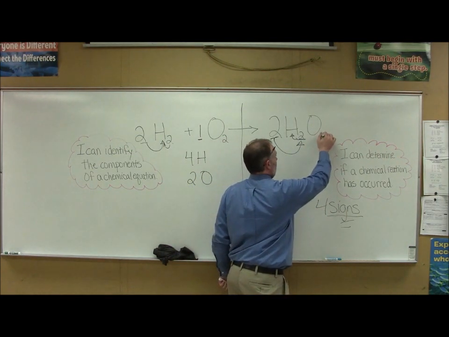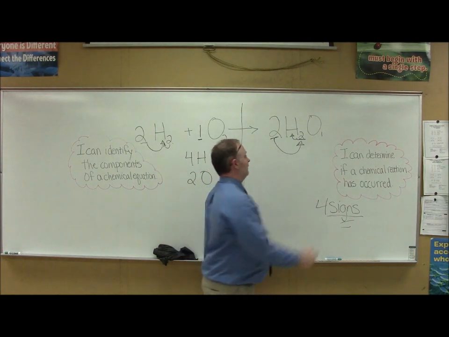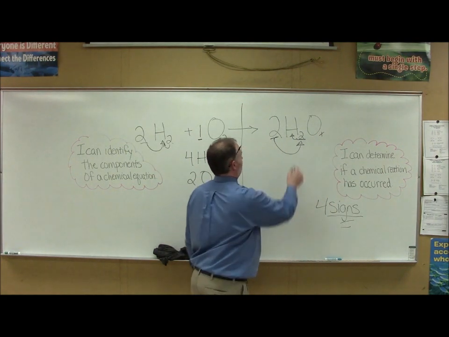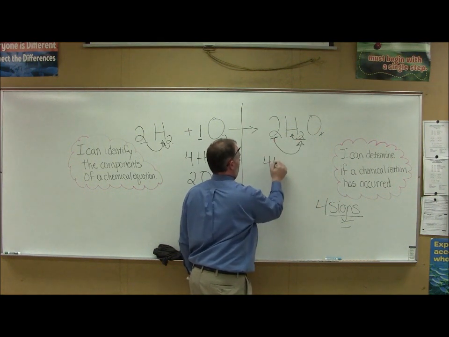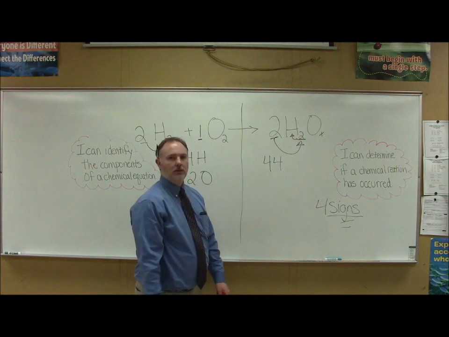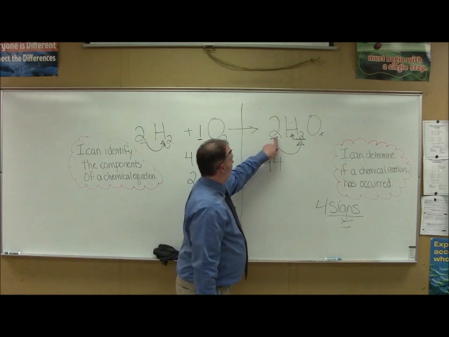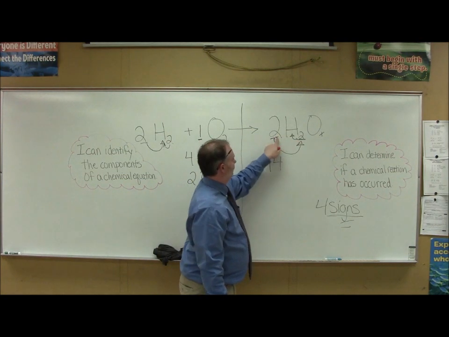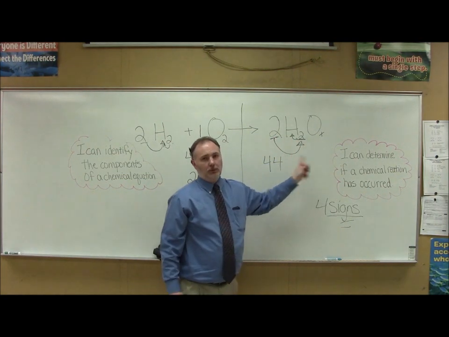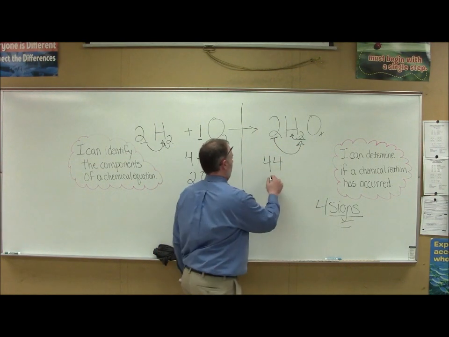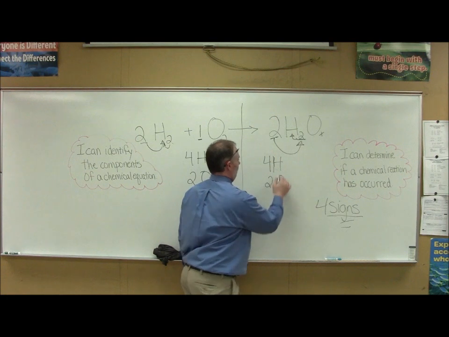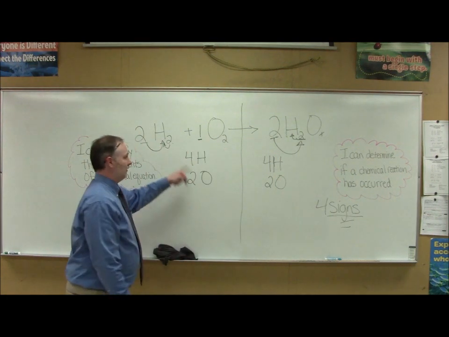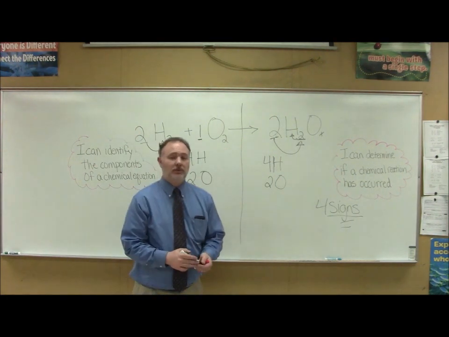So remember, it's assumed to be 1, they just don't write it. So for hydrogen, we got 2 times 2, we got 4. And for oxygen, 2 to that 1, the number in front goes to the whole formula. Okay? So there are 4 hydrogen, and there are 2 oxygen. And that's good because it's balanced, that's what's supposed to happen.